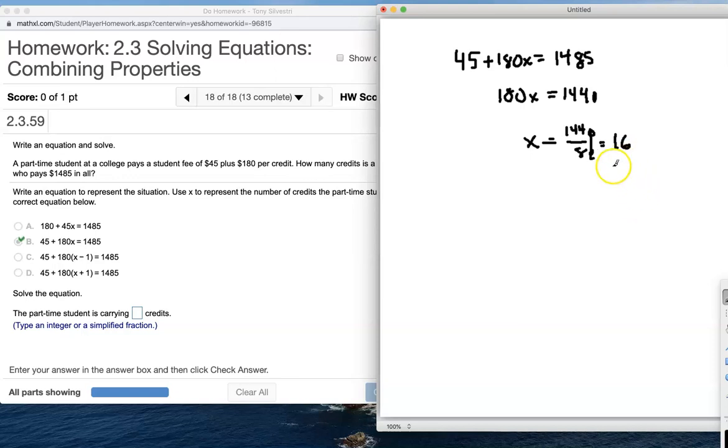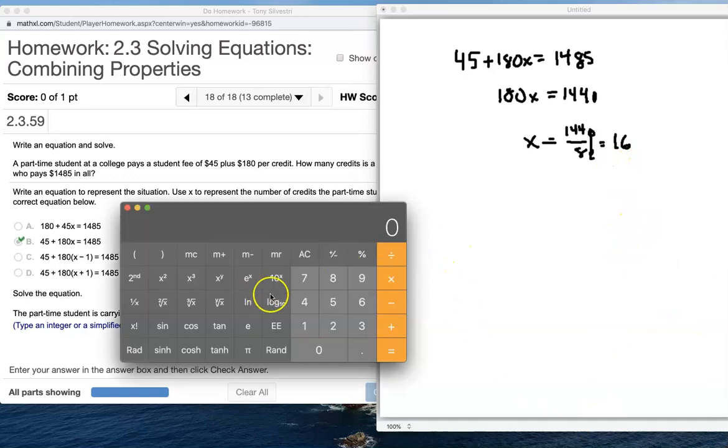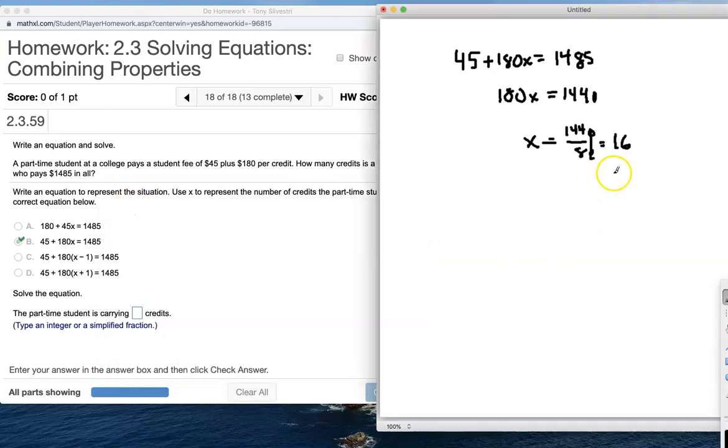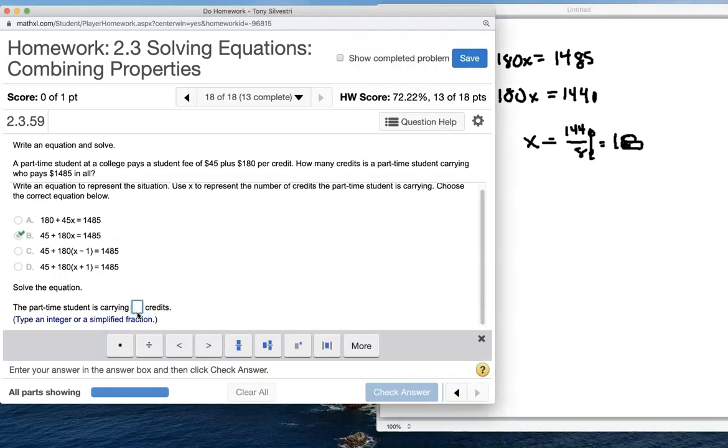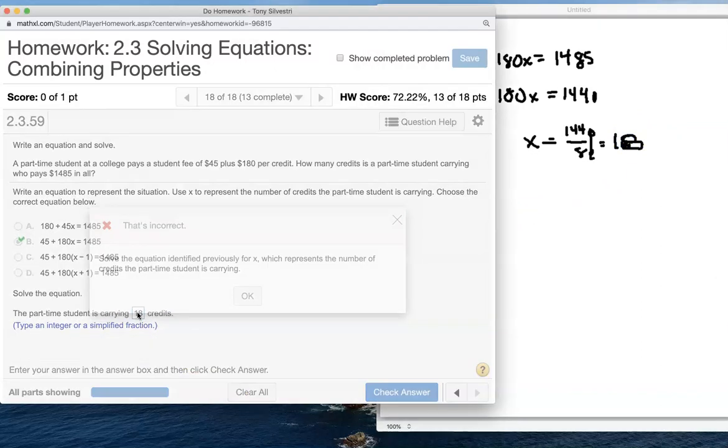That's not right. Jeez, I'm losing my mind. Okay, that's your calculator. If you're losing your mind, divided by 8 equals 18 credits. Yeah, that's better. Okay, 18 credits. Busy person. Boy, she's taking a lot of credits. 18 credits. Hit enter.